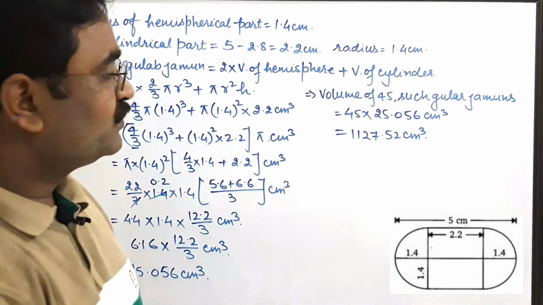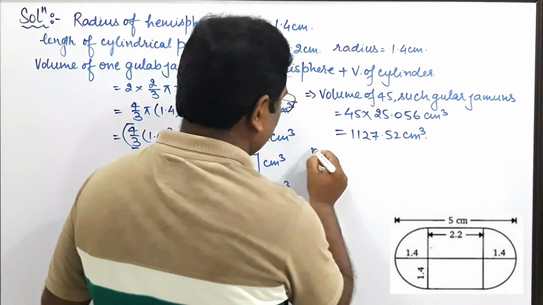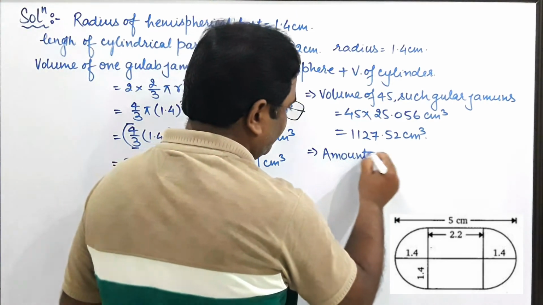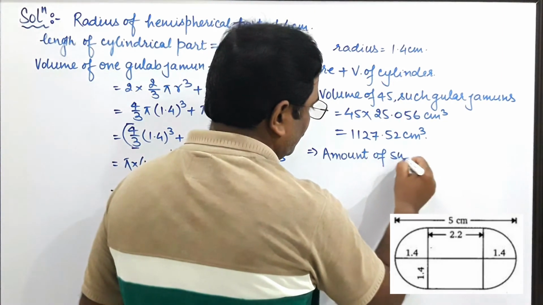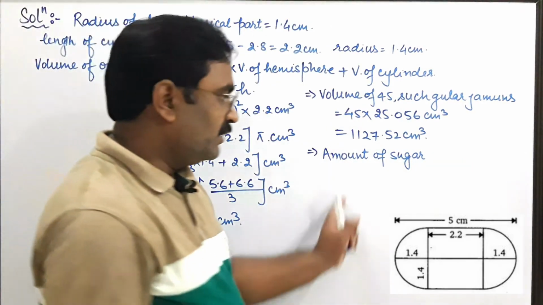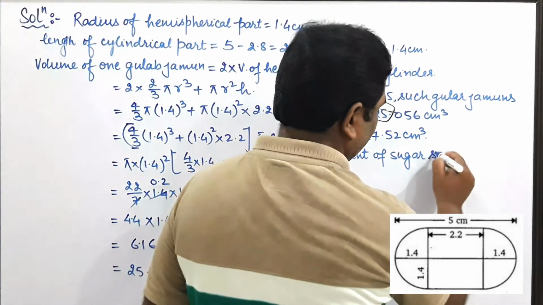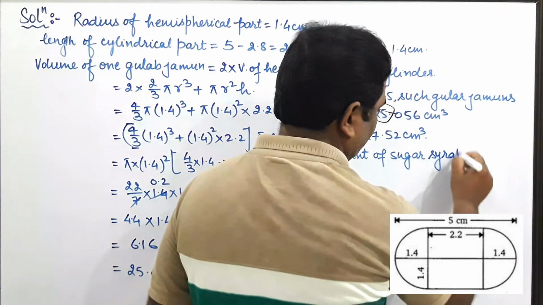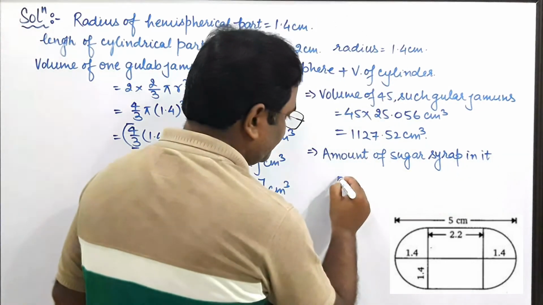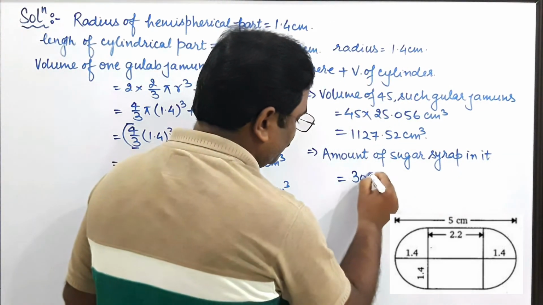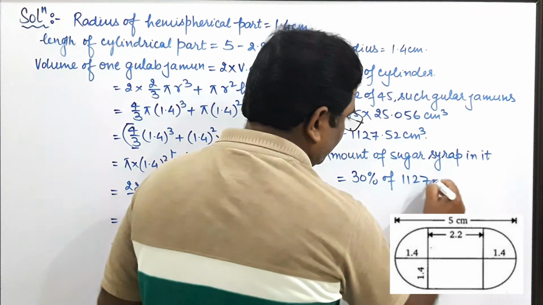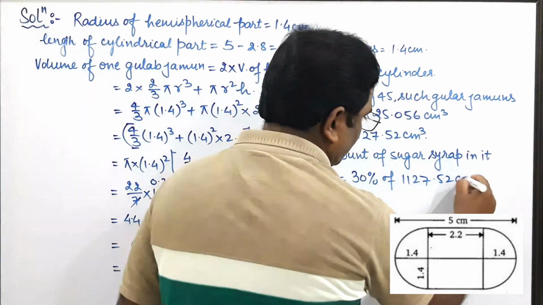So the amount of sugar syrup in it is equal to 30% of this 1127.52 cubic centimeter.